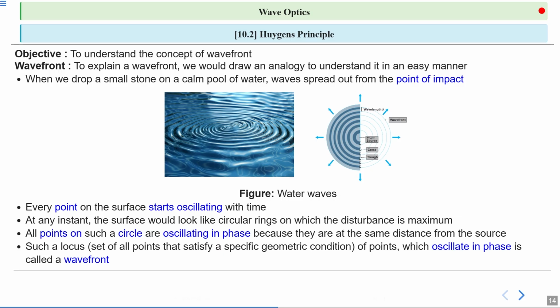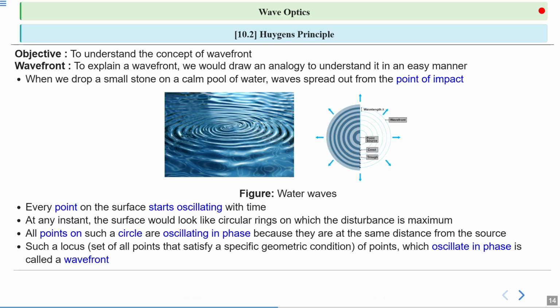Each and every point on the circular path is at the same distance from the center, which is equal to the radius of the circle. So all the points that are equidistant from the point source form the wavefront. Which type of wavefront? Circular in 2D or spherical in 3D.